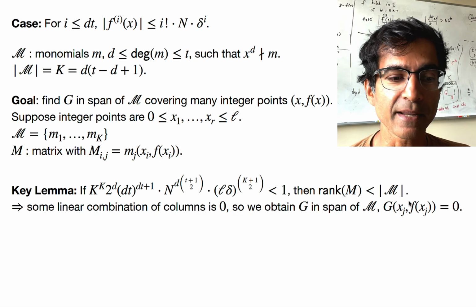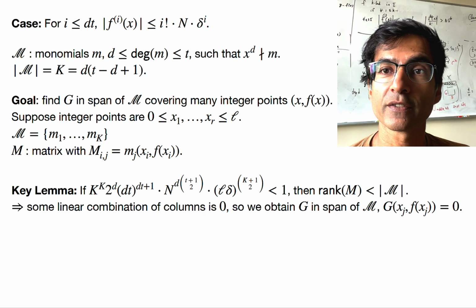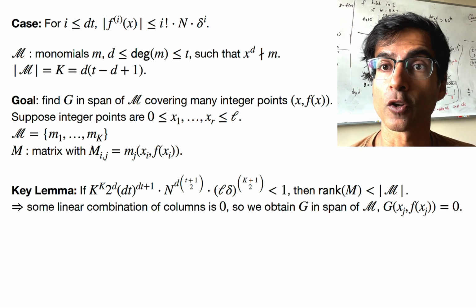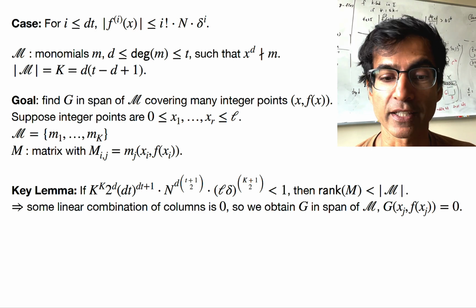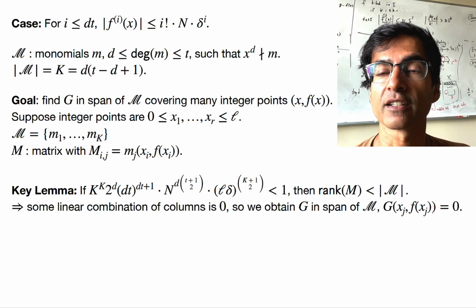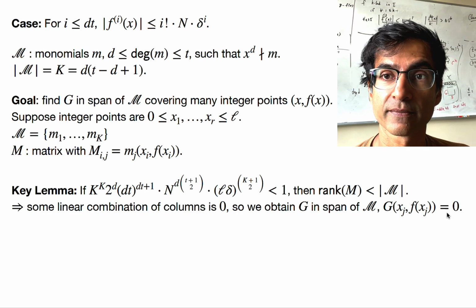I know there are lots of parameters, and we don't need to worry about the specific form. Okay. And that means that there's some non-trivial linear combination of the monomials that evaluates to 0 on all of the points. So that gives you a polynomial G spanned by the monomials that covers all of the integer points.